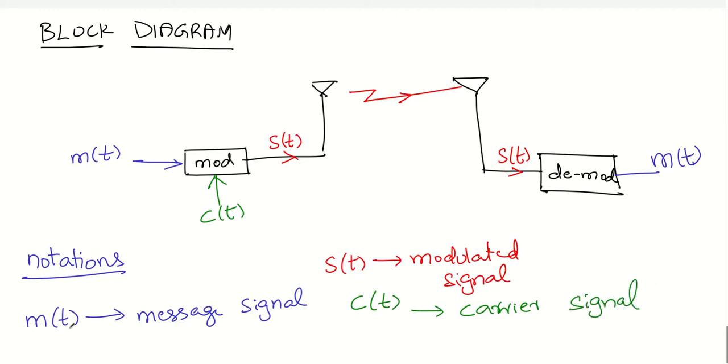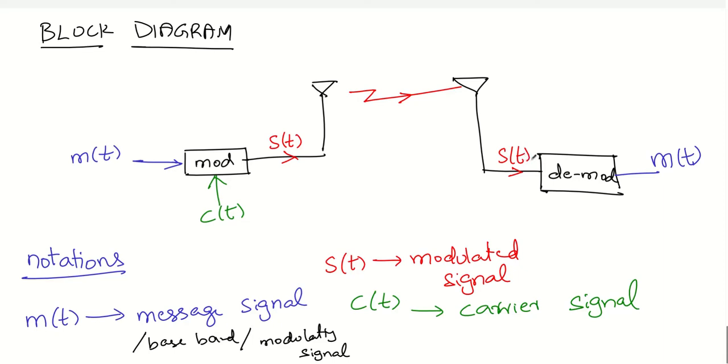Now the message signal M of t has other names as well. It is also called the baseband signal and the modulating signal as well. So let's just write them down. Also known as baseband or modulating signal. So what we are doing here is, if you observe from the block diagram, we are not transmitting the message directly, but we are modulating the carrier with respect to the message and producing a signal S of t, and it is being transmitted.